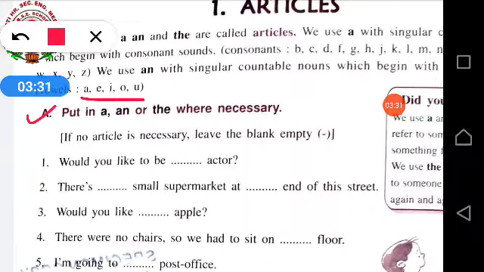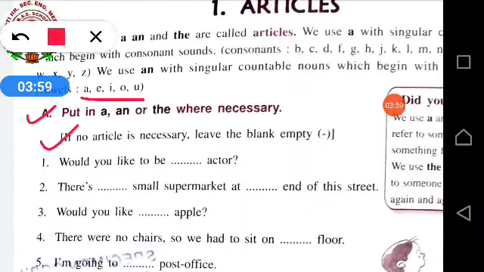First one, put in a, an, or the where necessary. If no article is necessary, leave the blank empty. Okay, so what's the question? You have to put a, an or the wherever it's necessary, and if it's not necessary, you shouldn't put anything there. You'll just leave that blank.